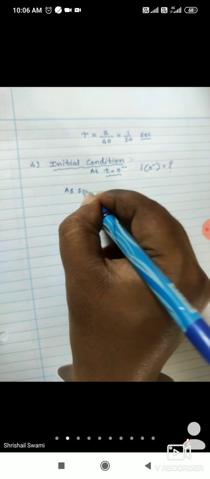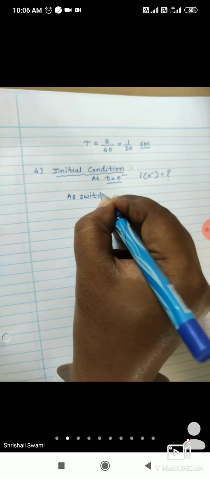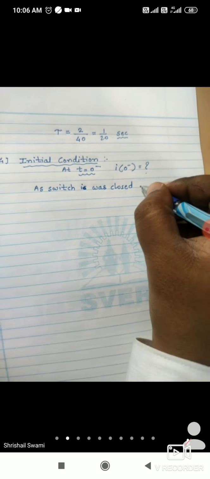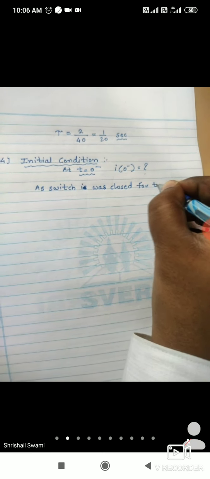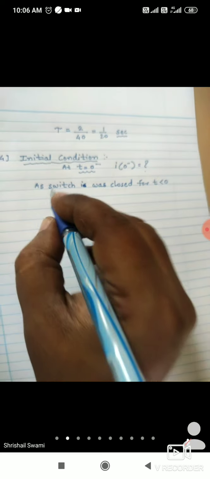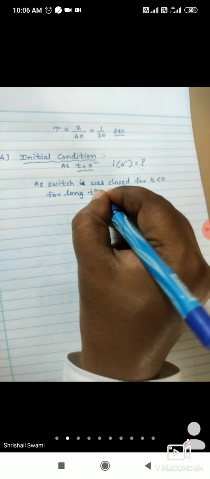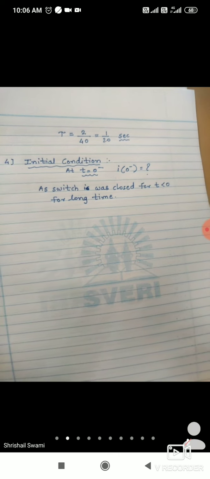That you are going to find out. As the switch was closed for t less than 0 for a long time.